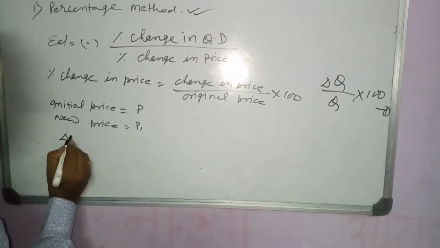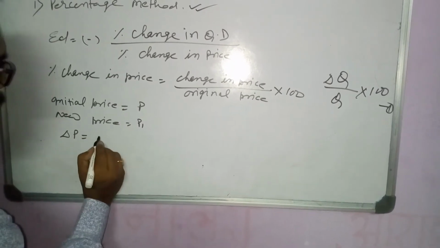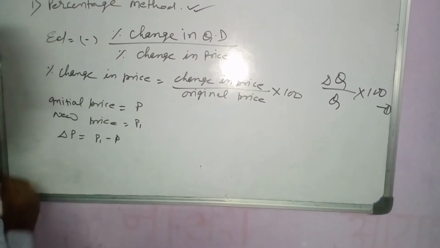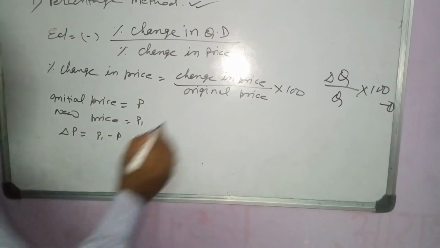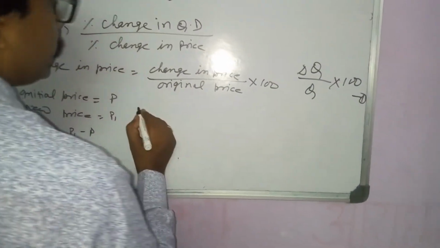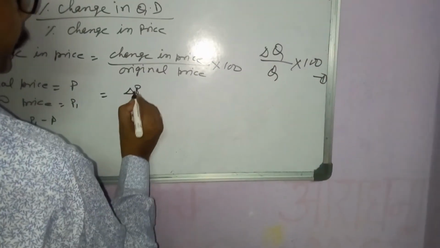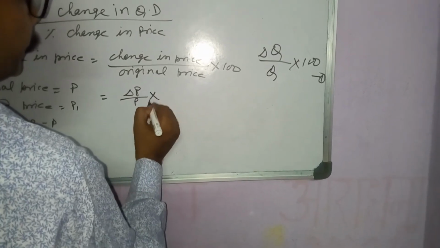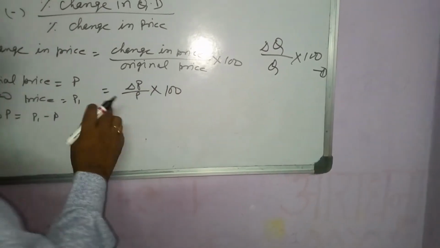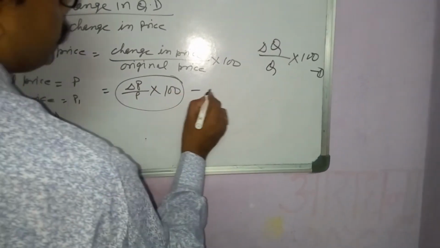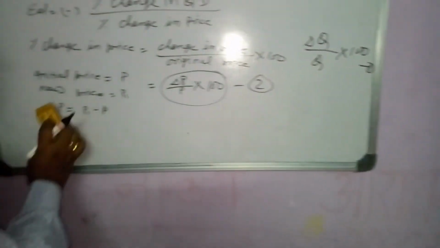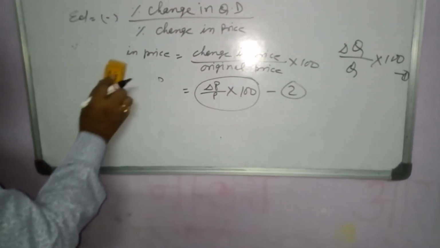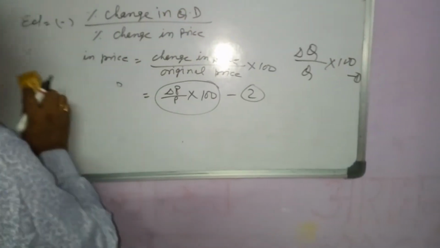So change in price is equal to P1 minus P, that is delta P. So we can write delta P by P into 100. That is the symbolic form, and this is equation 2. Is it clear? So we will put 1 and 2 in this formula.